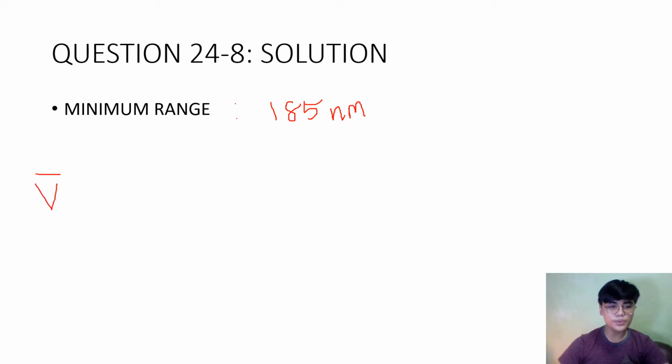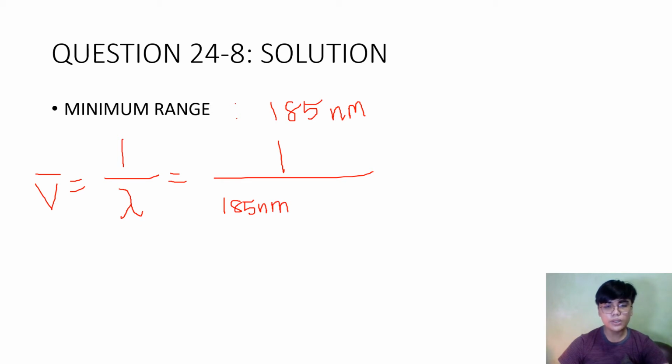So we're going to be using the formula for wave number, 1 over wavelength, which is equal to 1 over 185 nanometers. Because the unit is in nanometers, we're going to convert it first to centimeters, because by definition, wave number has units of centimeter raised to negative 1.